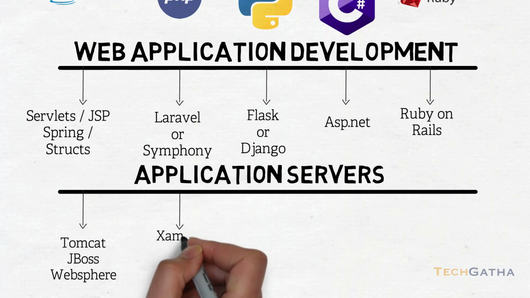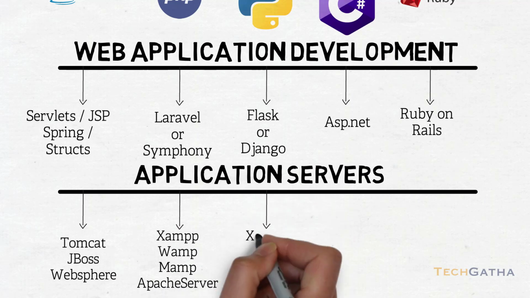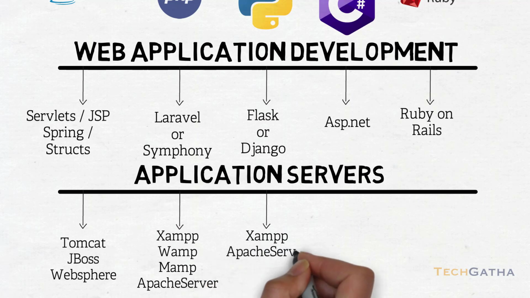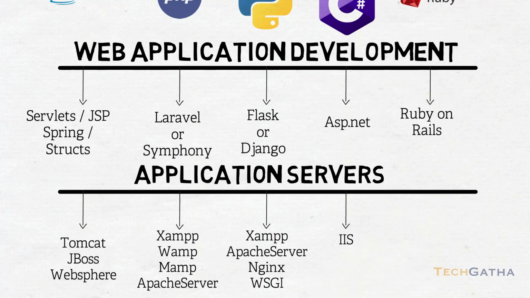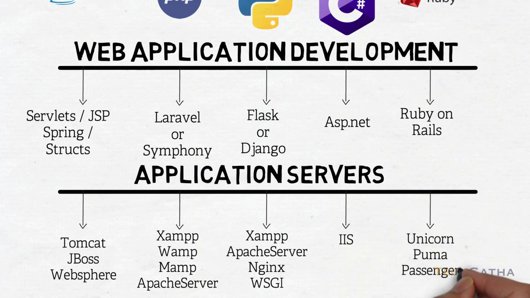For PHP, we can use XAMPP, WAMP, MAMP, or Apache HTTP server. For Python as well, we can use XAMPP, Apache server, Nginx, WSGI. For C#, you have IIS, Internet Information Server. For Ruby, you can use Unicorn, Puma, or Passenger.